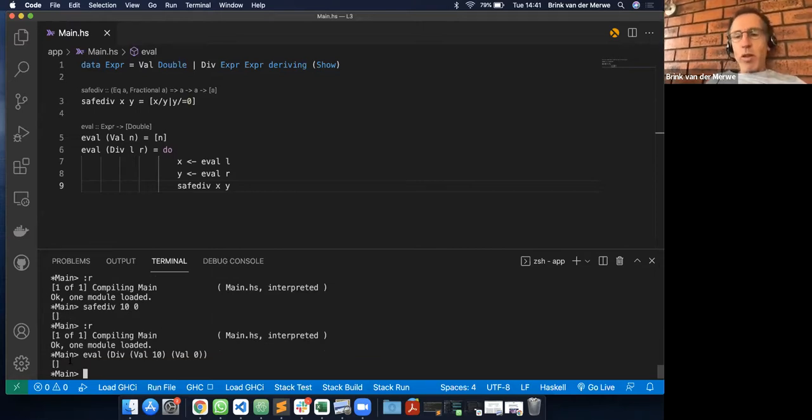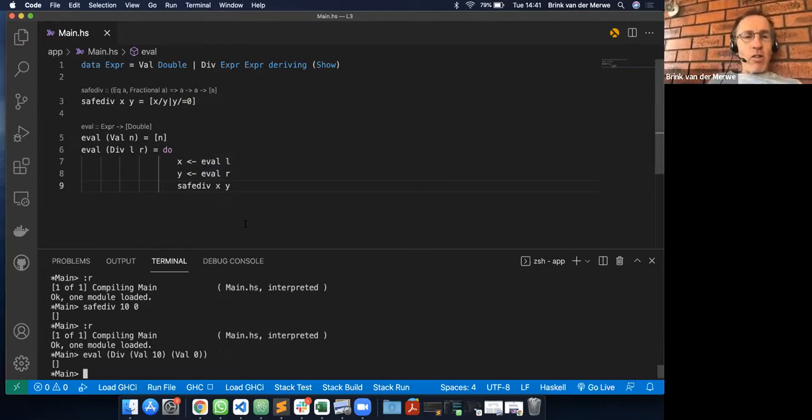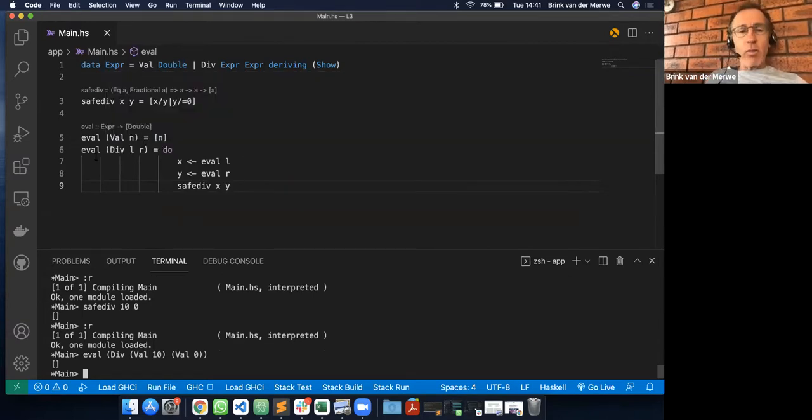We simply end up with the empty list. Okay, so I thought it was interesting to have another example of where I use a monad. Instead of the maybe type, in this case I use the fact that list is a monad, and I just wrote a way to evaluate expressions.